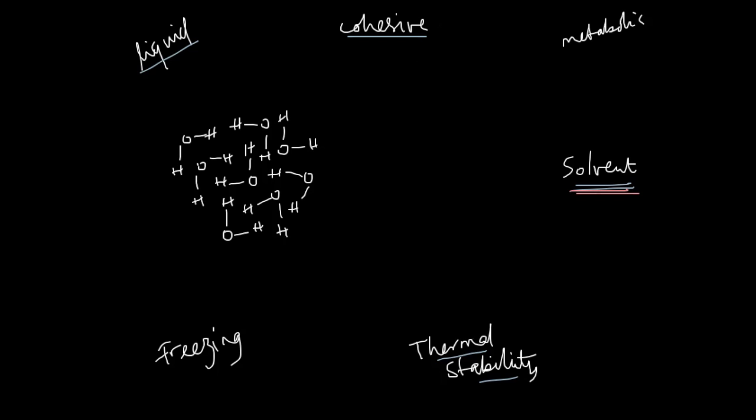But the key point is that there are no gaps between the molecules. There are no intermolecular spaces. Okay, not much space between the molecules. Hydrogen bonding, yes, keeping those molecules together, but constantly moving around.